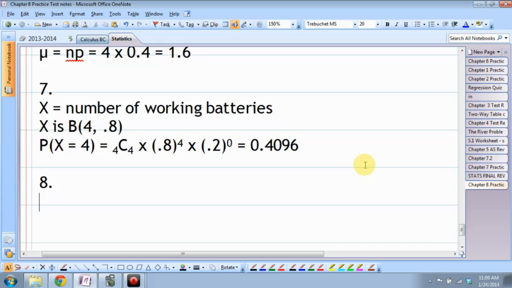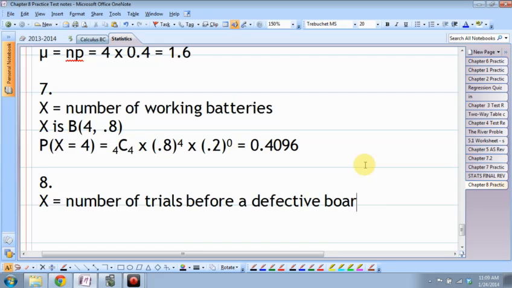Wow, yeah, what does that say? Okay, so we're saying X is equal to, this sounds geometric, right? We don't have a set number. So we're saying X is the number of trials before a defective board is found. And we want to know the probability that it takes more than 10 trials to find a defective circuit board.